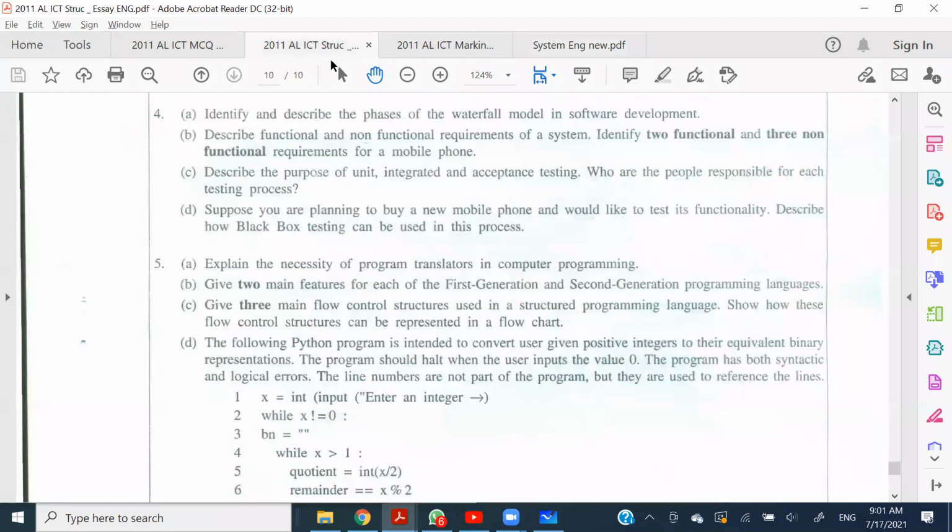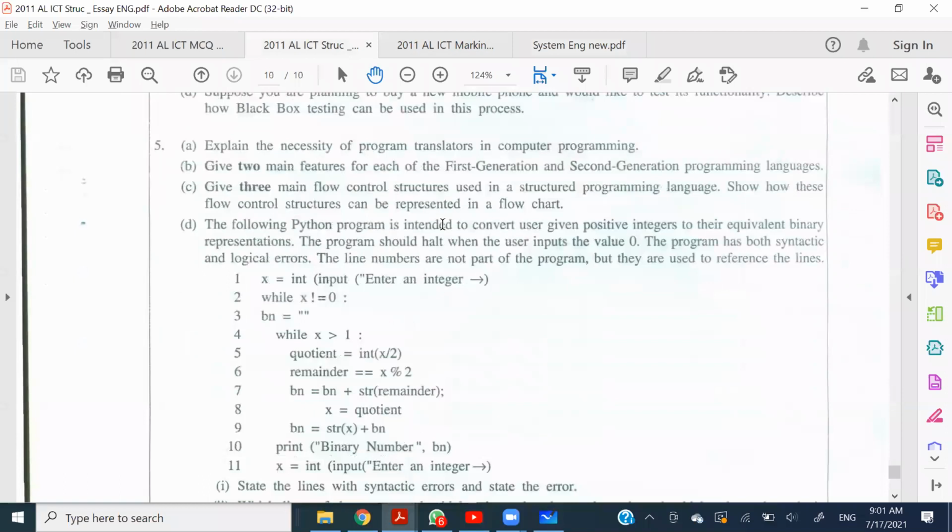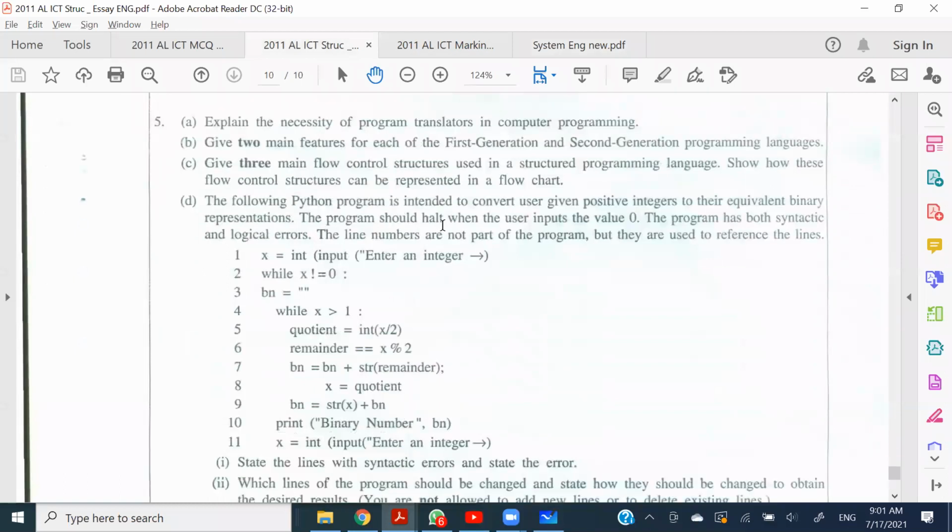The next question: explain the necessity of program translators in computer programming. Program translators are there to convert the human readable code, the code written in high level programming languages, into machine readable code.